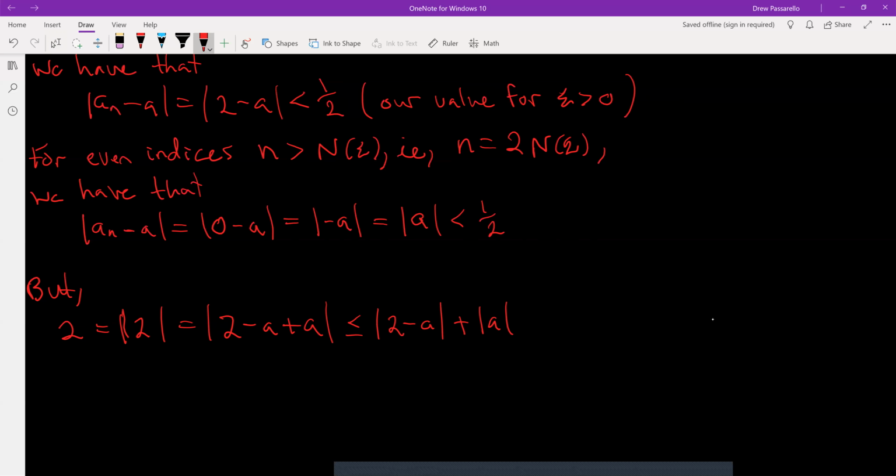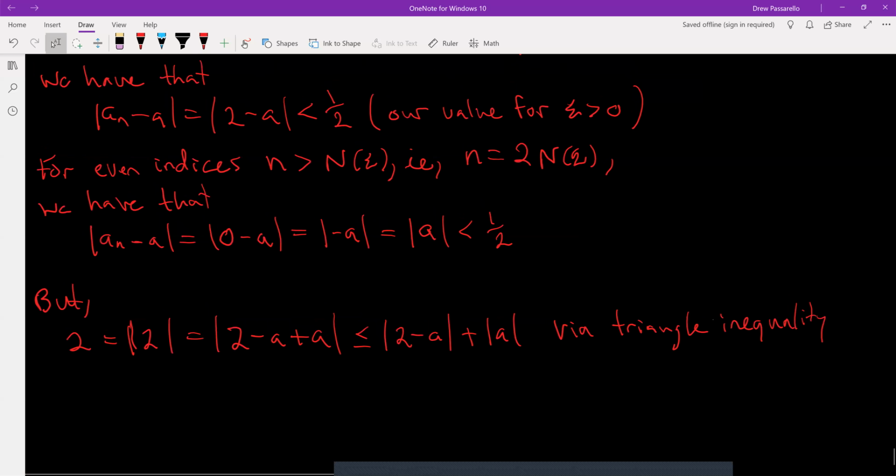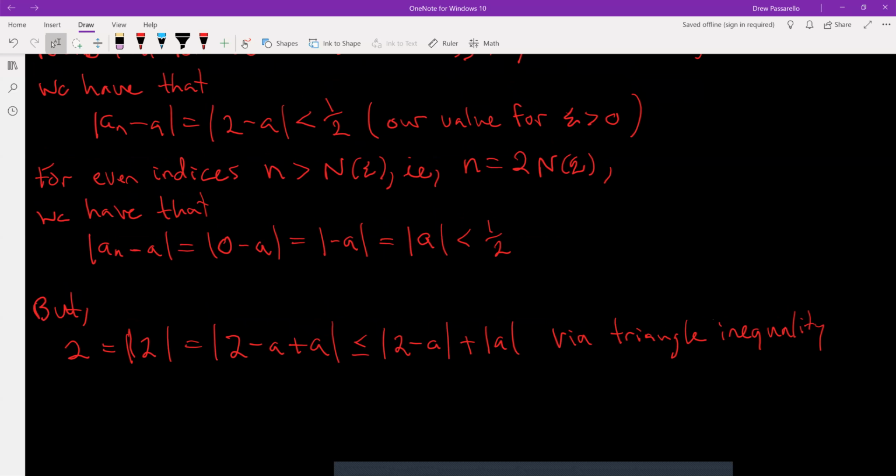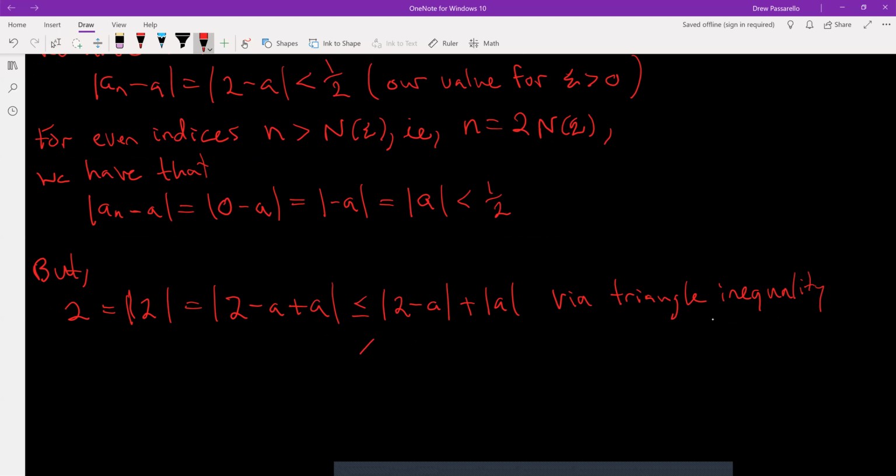But based on our assumptions, the absolute value of 2 minus a is less than 1/2, and the absolute value of a is less than 1/2, so it would be less than 1/2 plus 1/2, which equals 1.